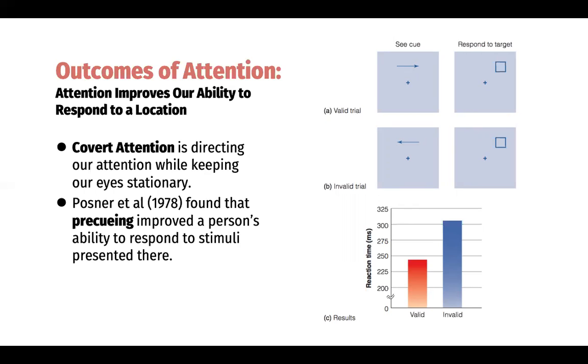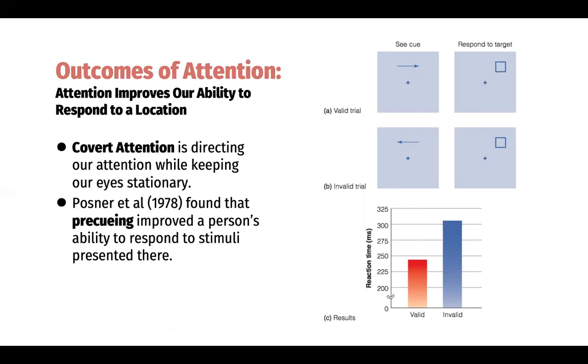This type of attending involves shifting attention with the mind, as you might do when paying attention to something off to the side while still looking straight ahead, also known as looking out of the corner of your eye. One reason some researchers have studied covert attention is that it is a way of studying what is happening in the mind without the interference of eye movements.